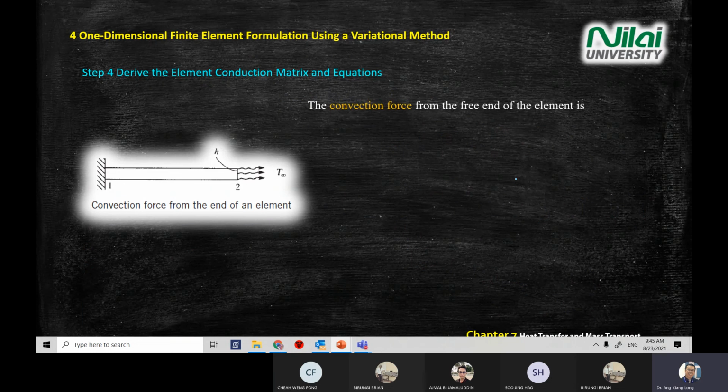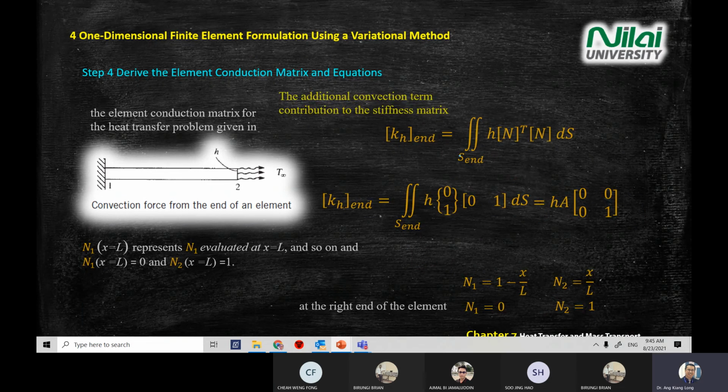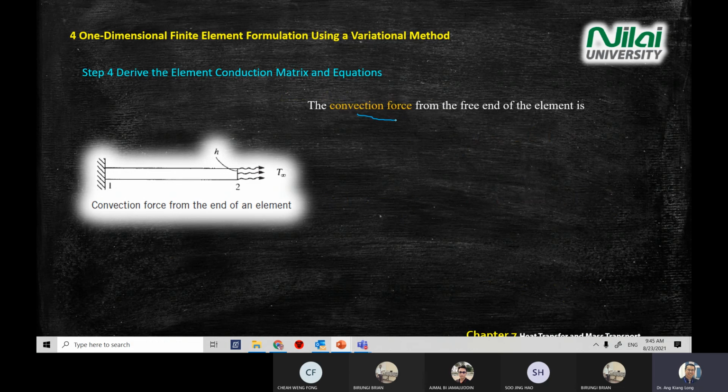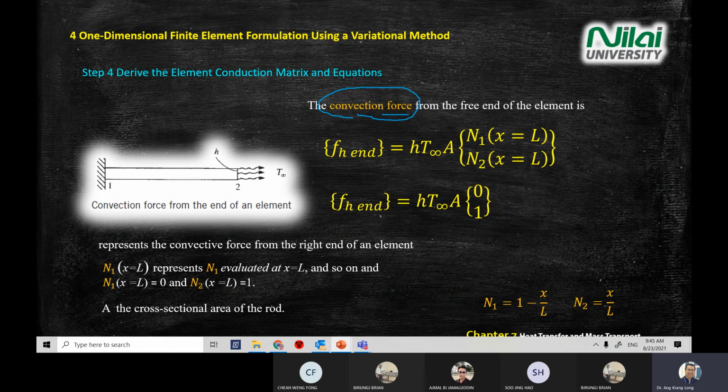Okay, so another one is convection forces. If you need to find the convection forces, now it's about force. How do you find force? You straight away use the equation that you see on the screen in yellow color. So what does it mean? FH means convection forces. Convection forces we write as FH equal to H times T infinity.